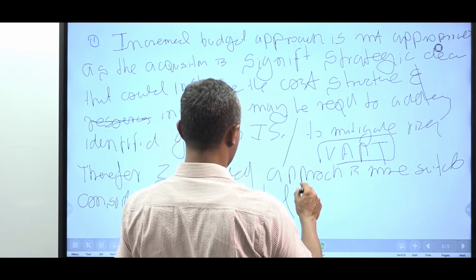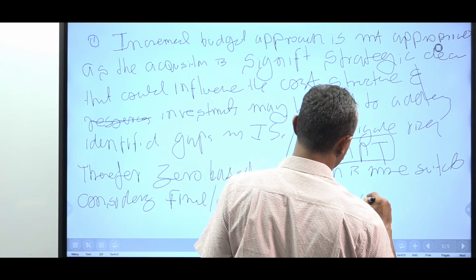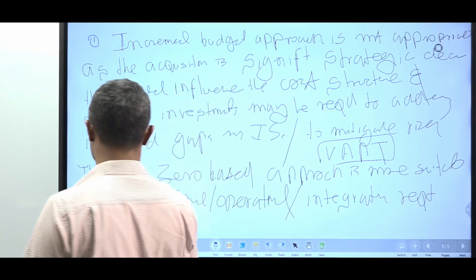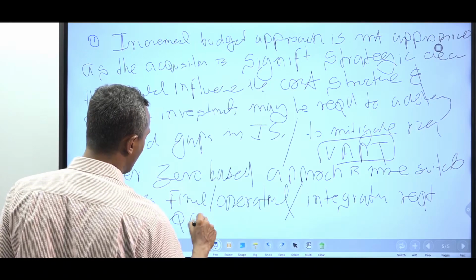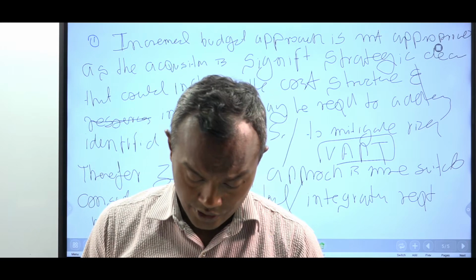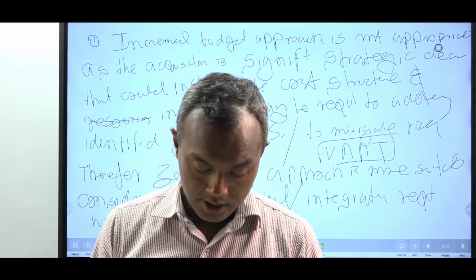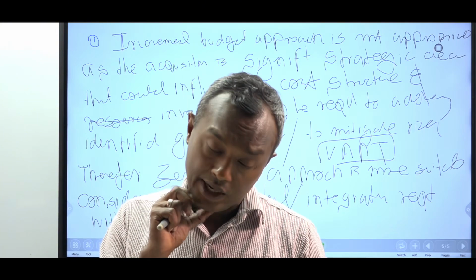Financial, operational, integration requirements with the acquisition. So something like that, because it's a 5 marks question, you don't need to write pages on this answer. So that is the first part.